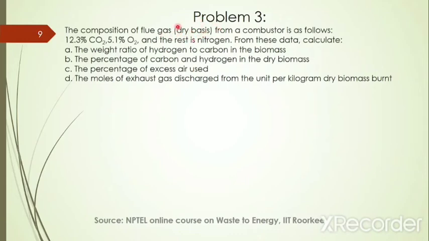So just we have to keep in mind this is on dry basis, that is why there is no water, it is dried out. So actually the water also will be present, but while measuring, this is dried. So how to find out these answers? We can do this step by step.